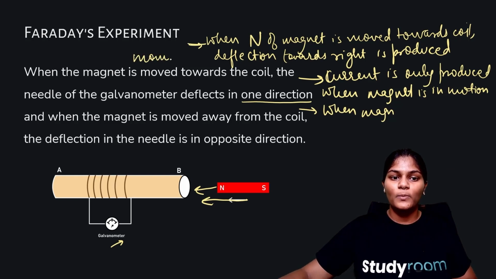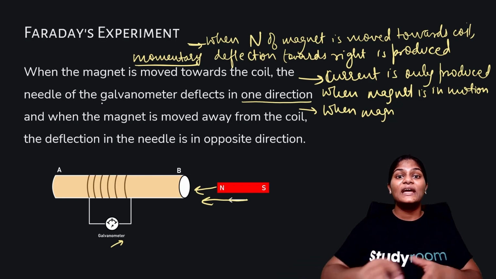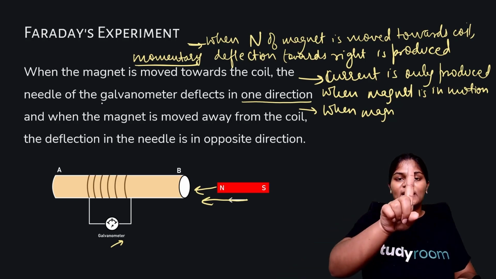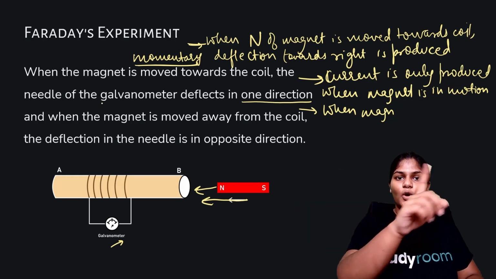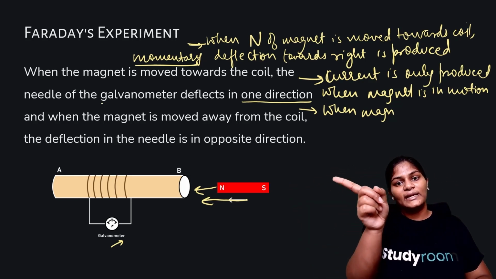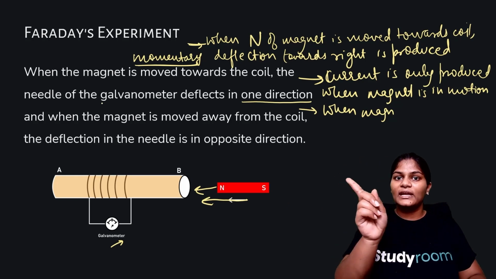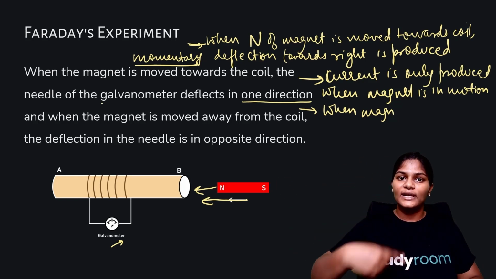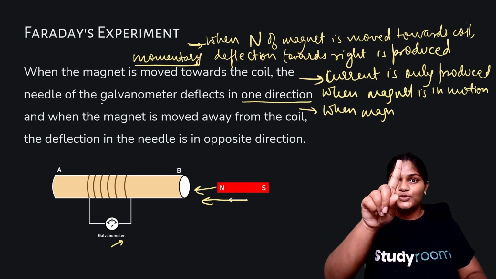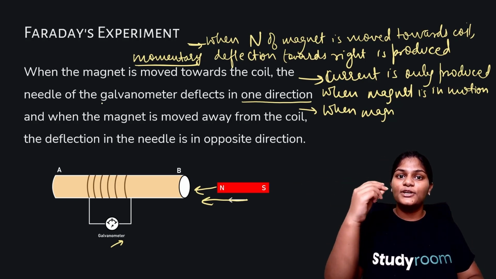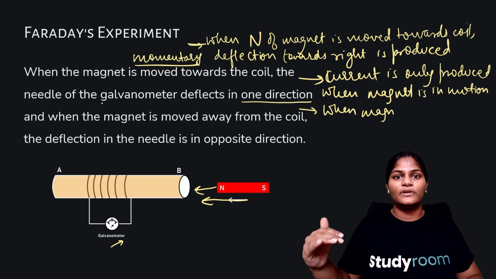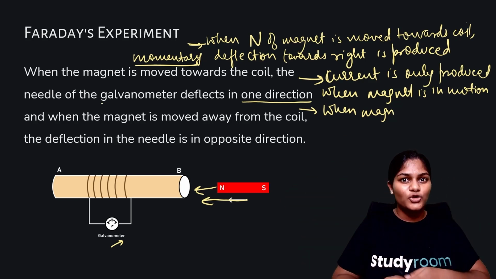I'm going to write momentary here. This is an important word because momentary means that it was just for a split second and it came back to zero. If the galvanometer went to the right and stayed there, that means there was a continuous current being generated. But if it just went towards the right once and came back, that means the current was generated and went away as soon as the magnet stopped moving.